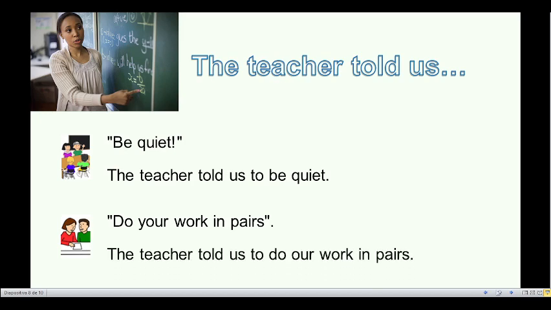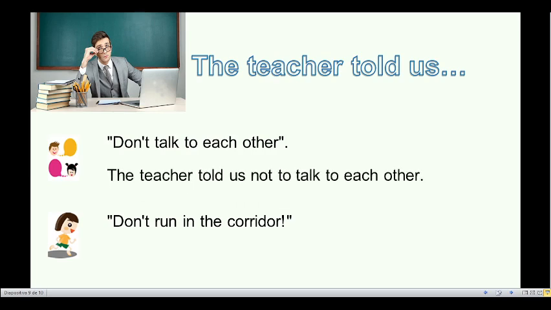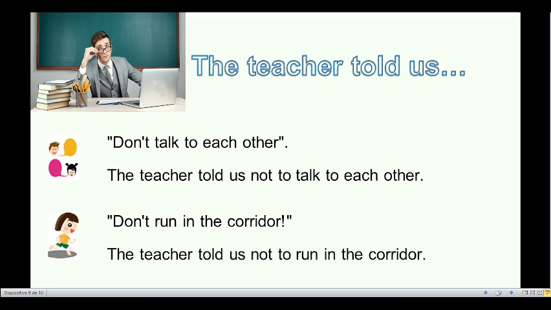The teacher told us to do our work in pairs. Very good. Two more sentences. Don't talk to each other. So the reported speech is: the teacher told us not to talk to each other. And the last one, don't run in the corridor. What would be its reported speech? Okay, the teacher told us not to run in the corridor.